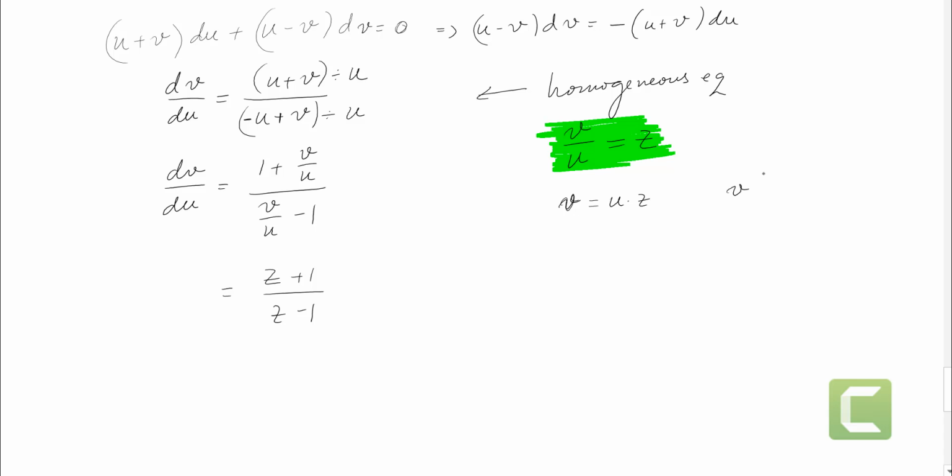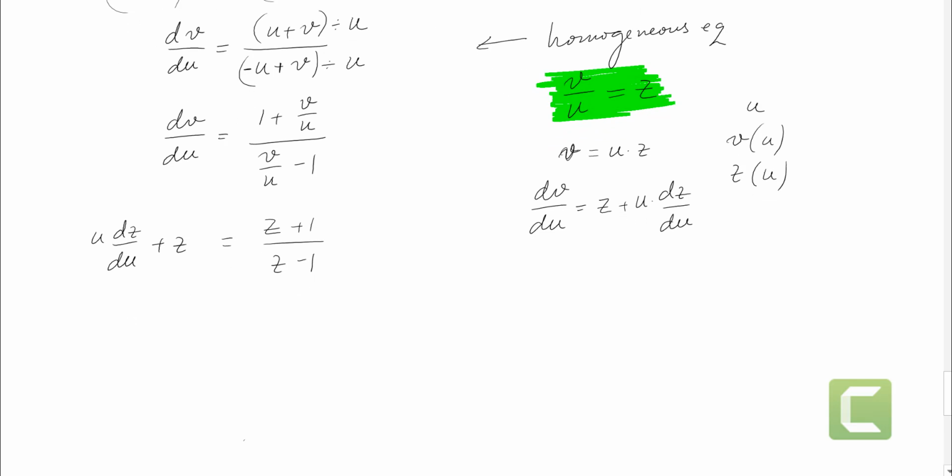Again, v is a function of u, z is a function of u, and u is the independent variable. So dv/du equals u' times z, so that's z, plus u times dz/du. This is important because I'm going to replace it exactly here: u dz/du plus z.